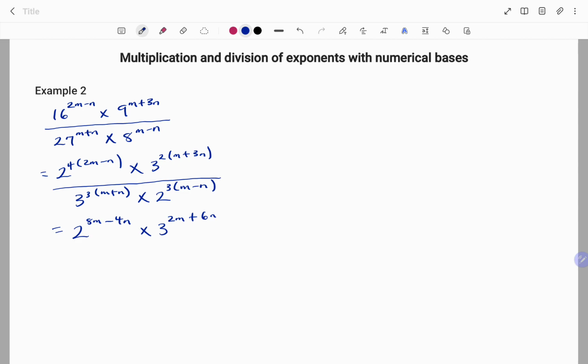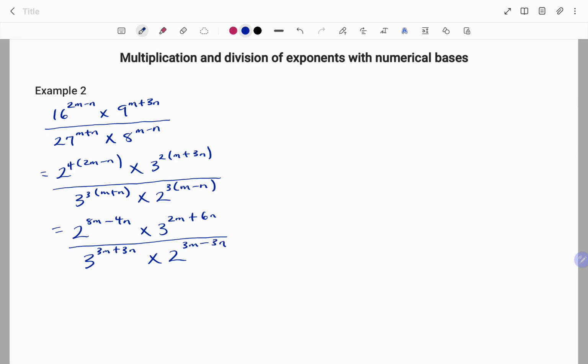At the bottom, I have 3 to the power of 3m plus 3n times 2 to the power of 3m minus 3n.